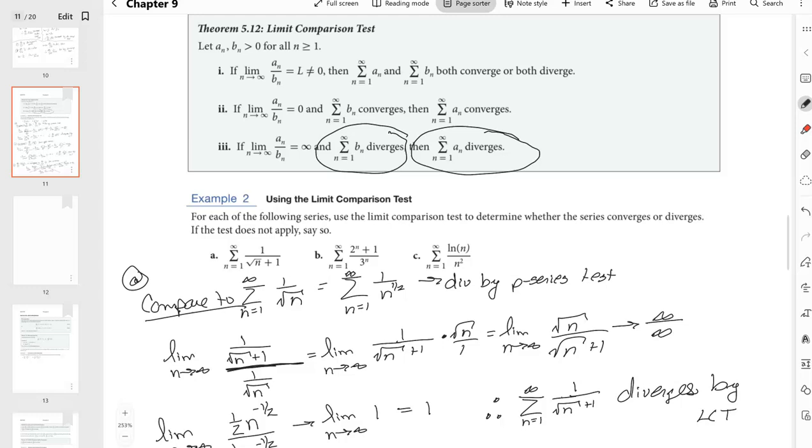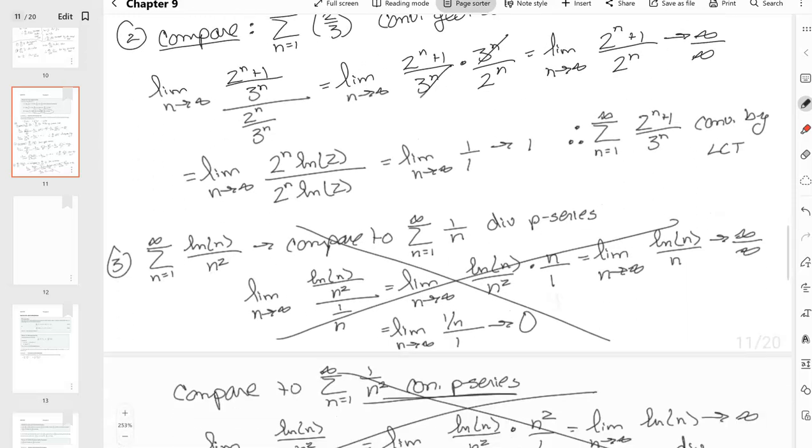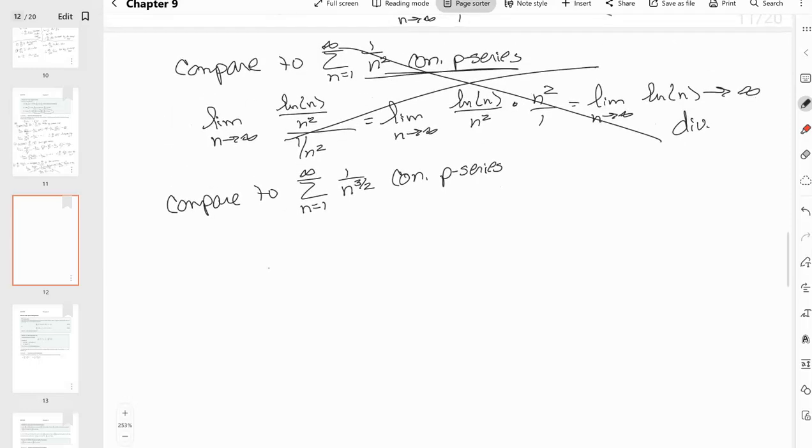We need something for really part 2 or part 1 of the theorem. We either need to get that limit to be 0 or to be some finite number. That's not 0. So we're going to take the limit as n goes to infinity of the ln of n over n squared divided by 1 over n to the 3 halves.